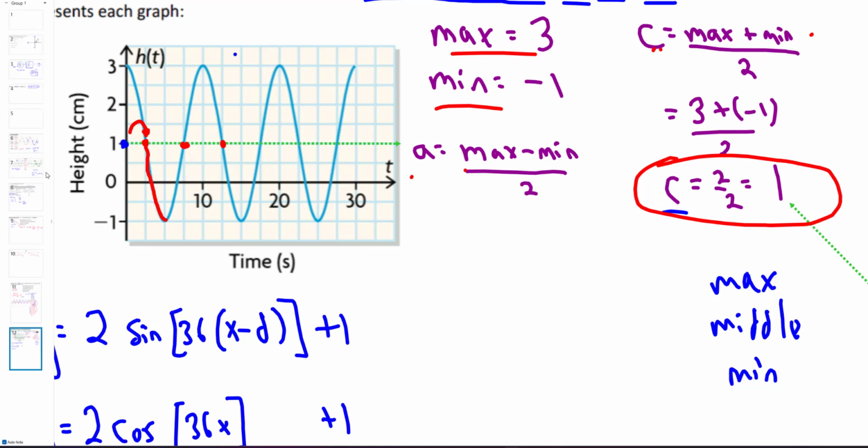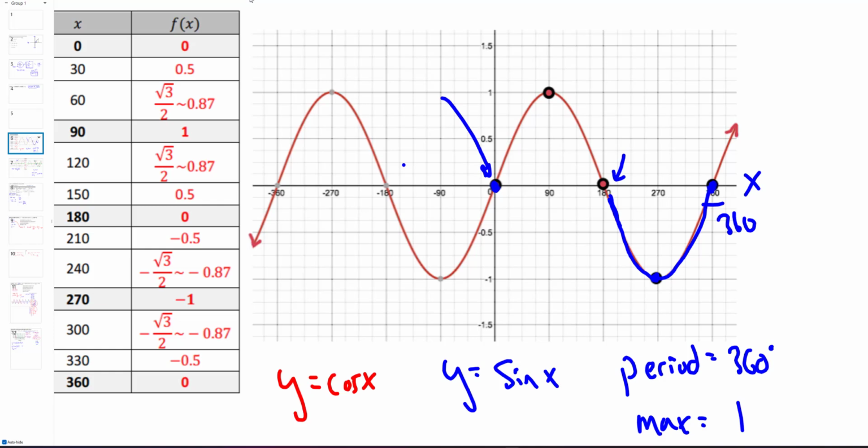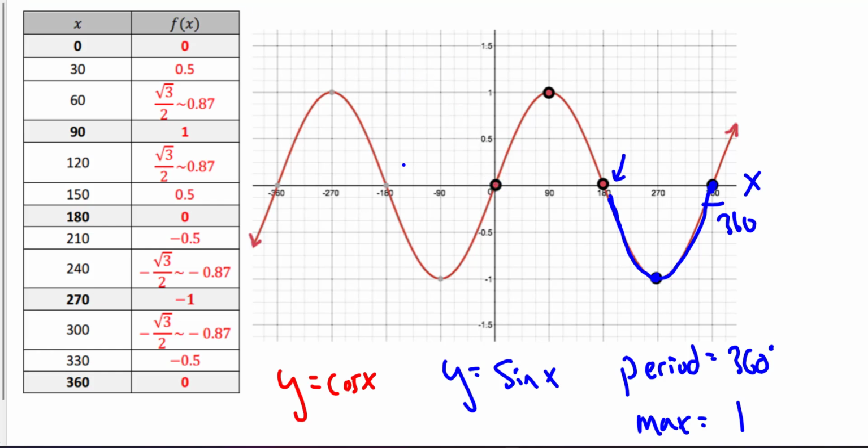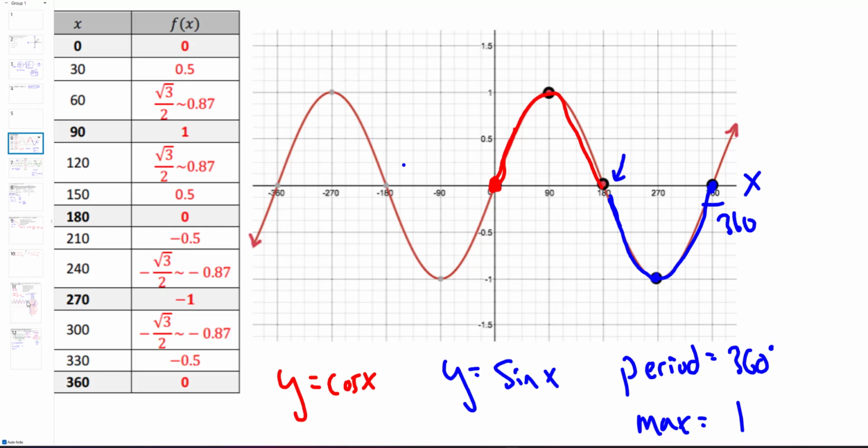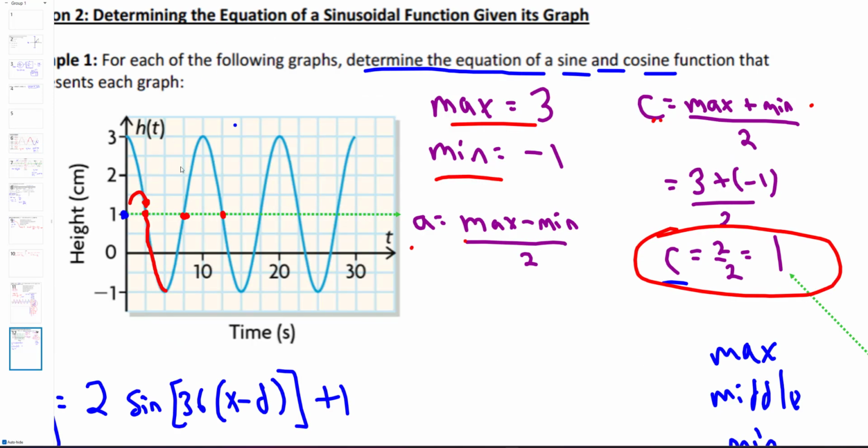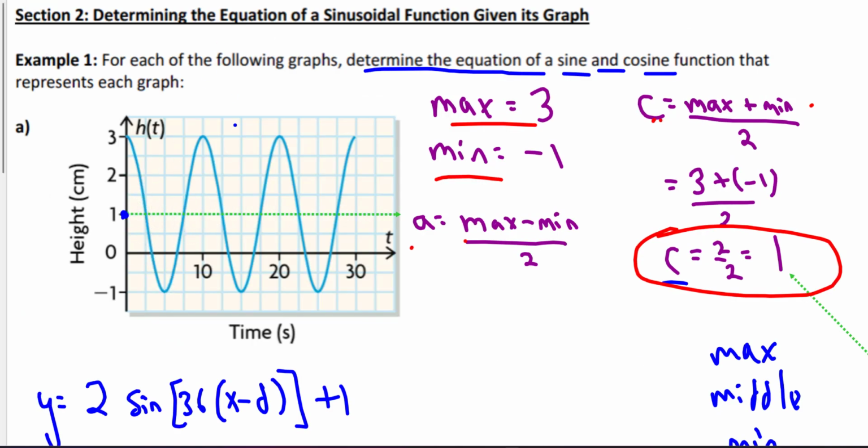And if you look at our sine function here, our sine function starts at a middle point, but it's not going down. It's actually going up to a maximum, and then it goes down. So our sine function starts from a middle point that's going up. So if you go back to our middle point here, the very first middle point is going down.